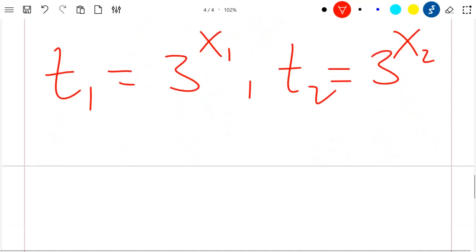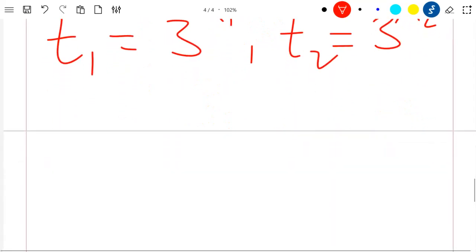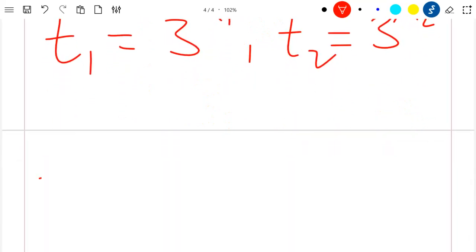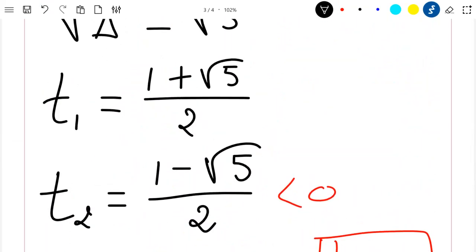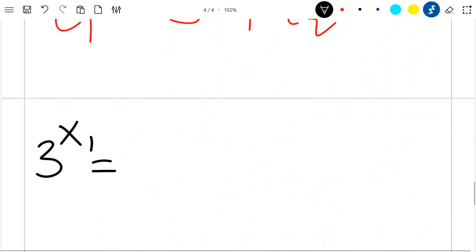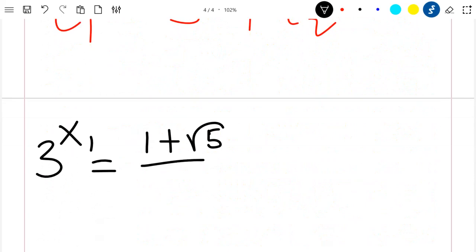Now if I replace, I will have 3 to the power x1 is equal to t1, which is 1 plus the square root of 5 divided by 2.